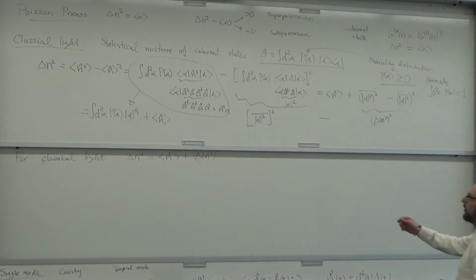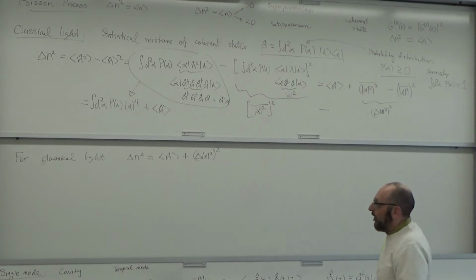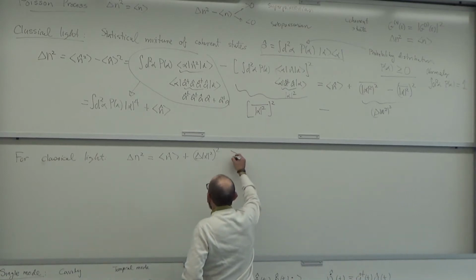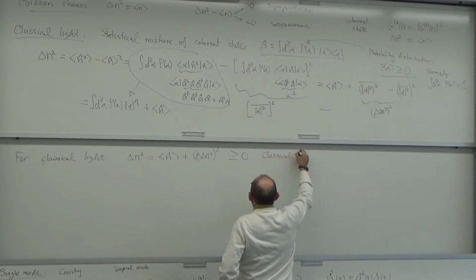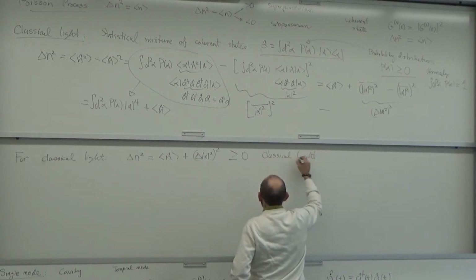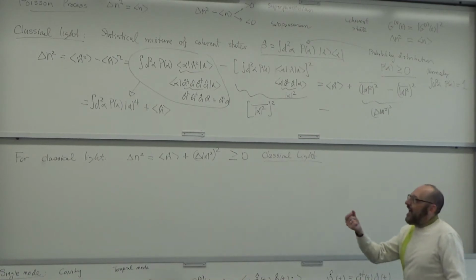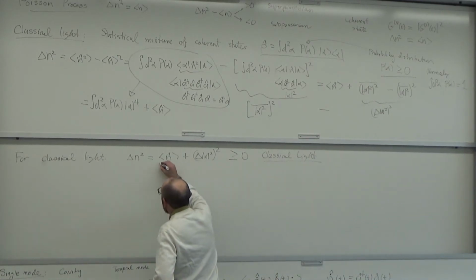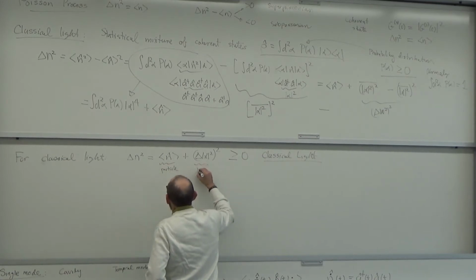So, how do we think about this? Well, first of all, this is greater than or equal to 0 for classical light. As we mentioned last lecture, we can think about this as the particle contribution and the wave contribution.